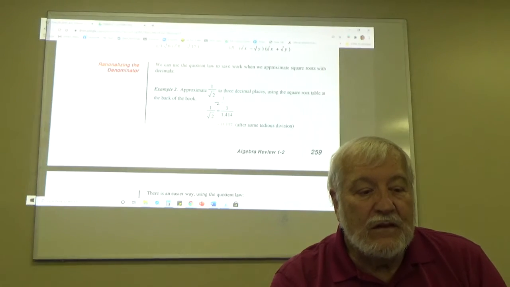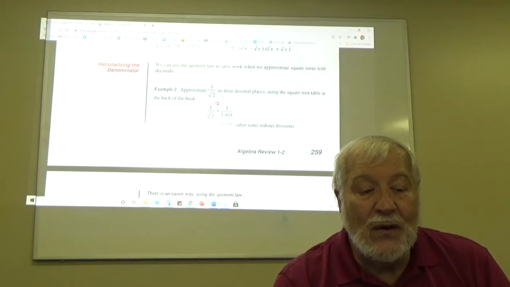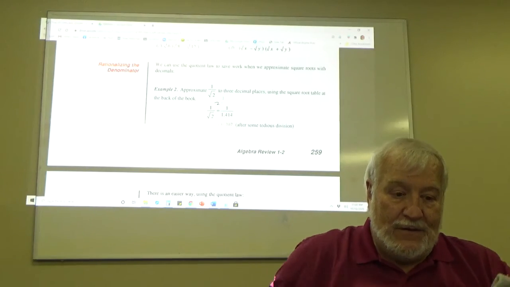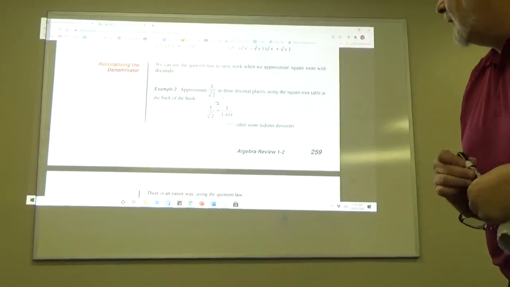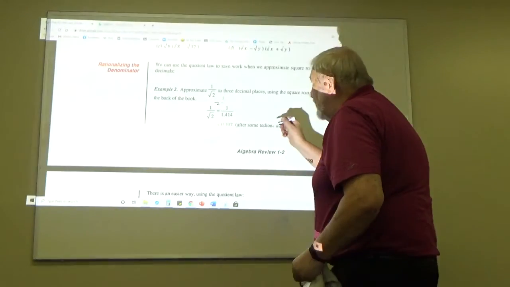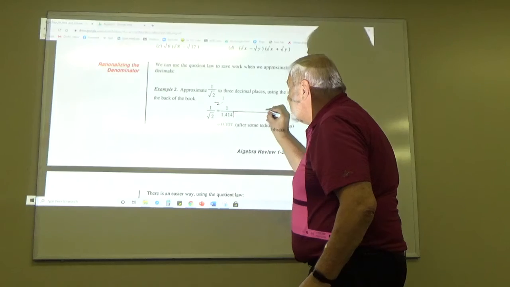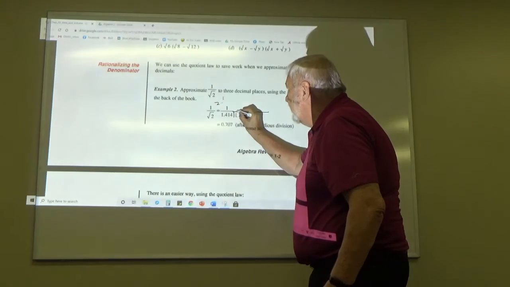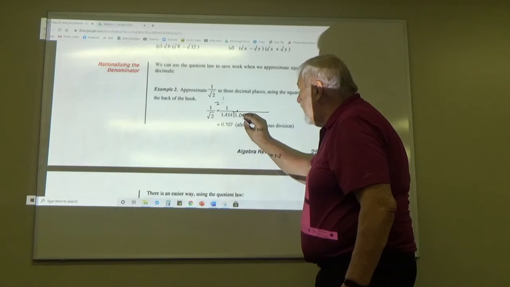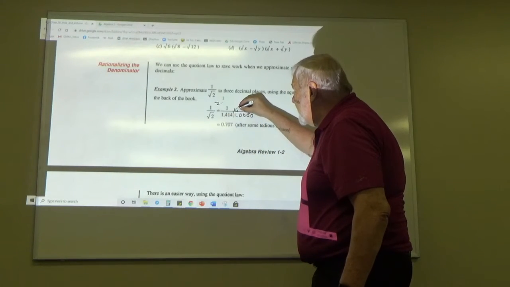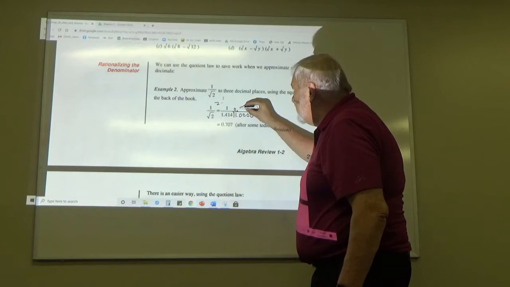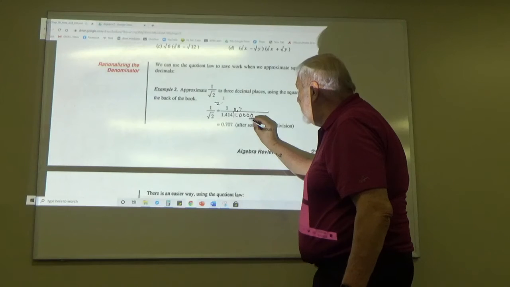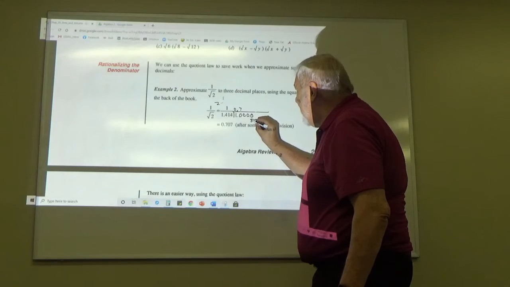Okay. Now, the way that you had to do that before is that you would take this problem right here, pull your division house, and go 1. And you say, 1 can't go into that, so that's 0. And that goes into that 7 times. I have 4 of them, so 7 times this is 28.